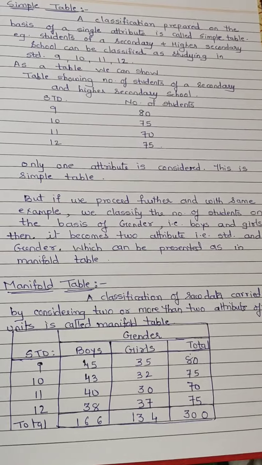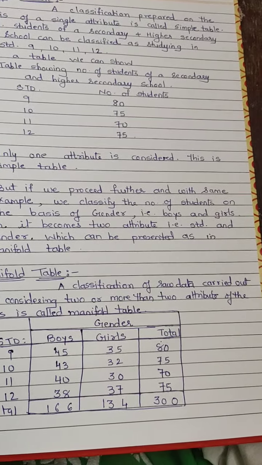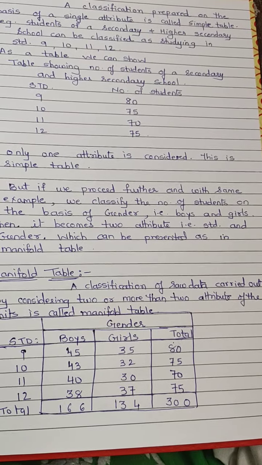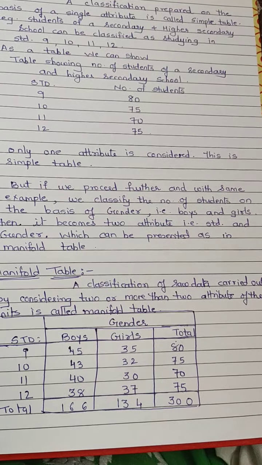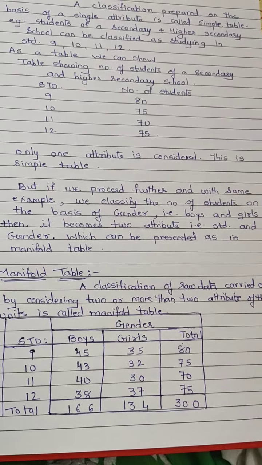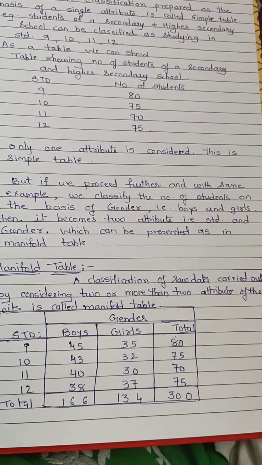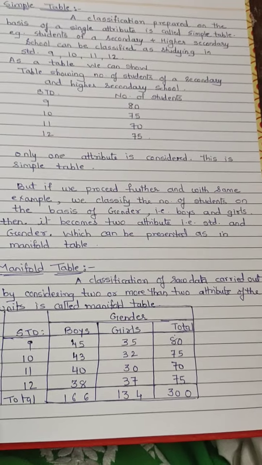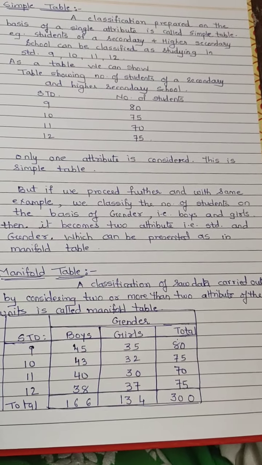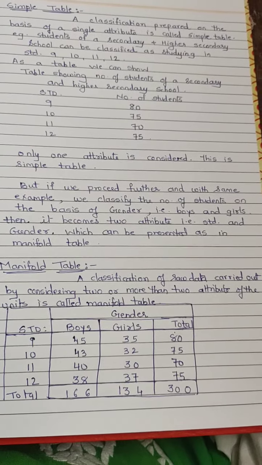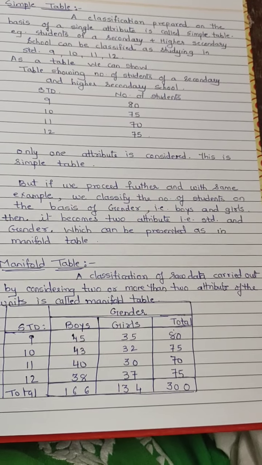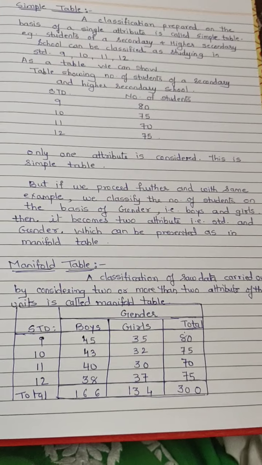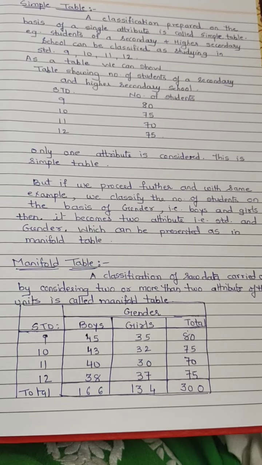Manifold table means the classification of raw data carried out on two or more than two attributes of the unit. A classification of raw data carried out by considering two or more than two attributes of the units is called manifold table.